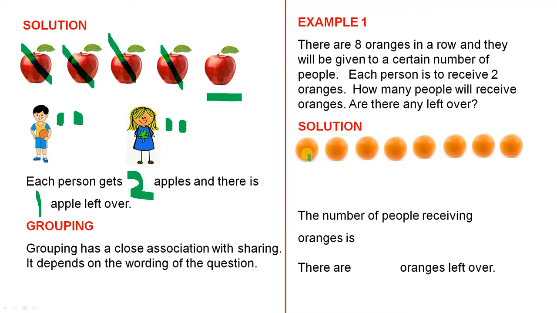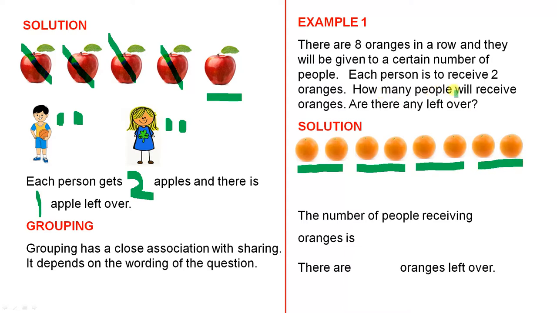So here are the 8 oranges. Let's check. 1, 2, 3, 4, 5, 6, 7, 8. Each person is to receive 2 oranges. Let's go. Those 2 go to 1 person, those 2 go to 1 person, those 2 go to 1 person, and those 2 go to 1 person.